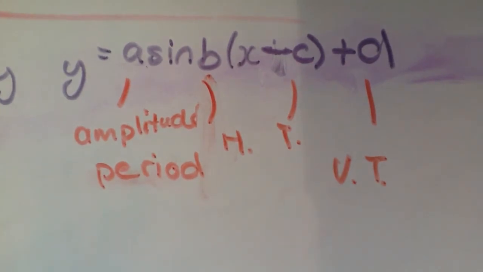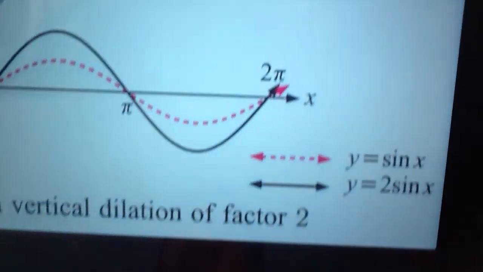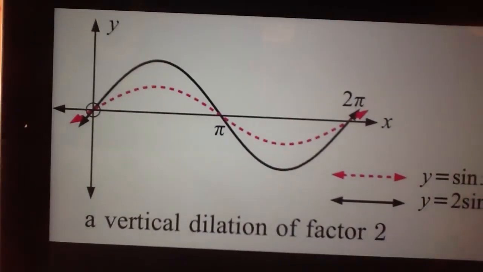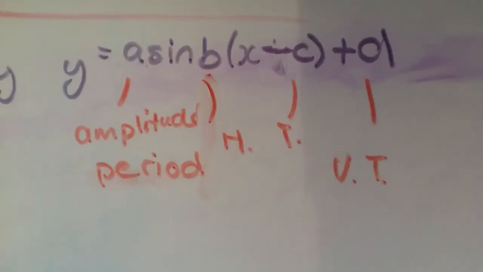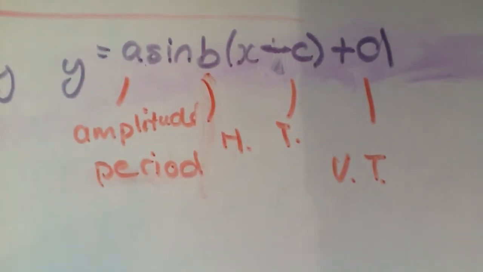For example, if we dilate it by 2, it would graph out to create the amplitude as double. If we dilate the period by a half, the period length would double.